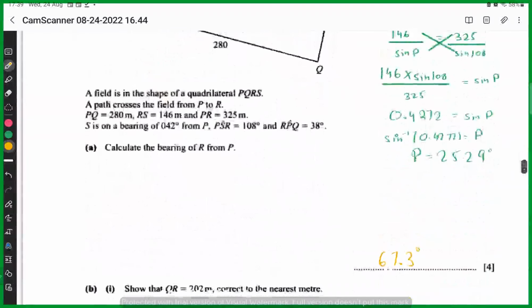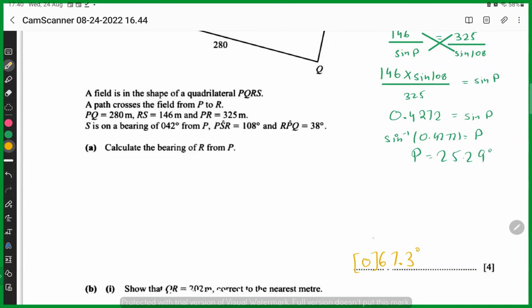This is 67.3. Now usually when you get something that is greater than 100, for example 101, or 200, or 180, or 137, there you don't put a zero. In the marking scheme, the examiner has written it this way.